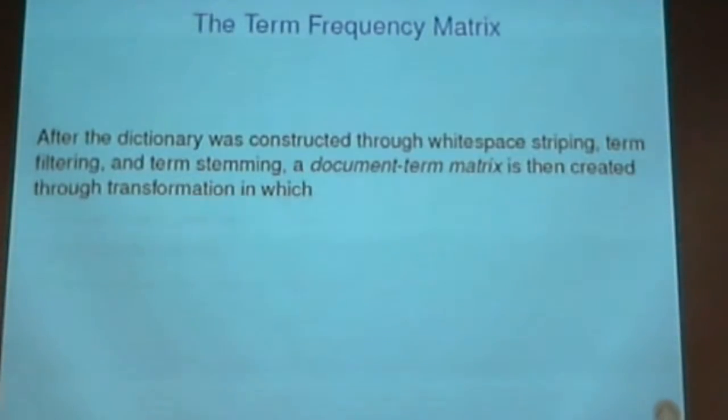Okay, I already changed this class note 20.r, so you can download this new version, and that includes some added comments and also the word cloud. You can see an example of a word cloud as well. And when all this process is done, a document term matrix is then created through transformation.